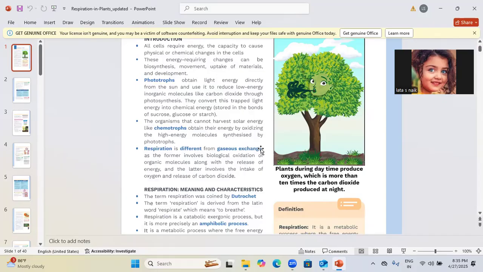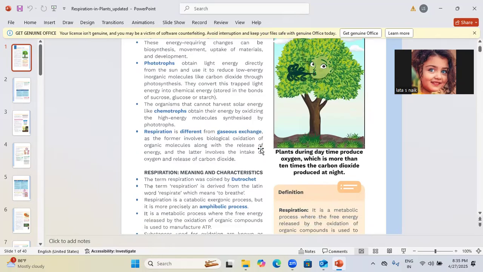So, is it only a gaseous exchange or do the plants respire? So, we'll differentiate now between this. What is gaseous exchange and respiration? The former, that is respiration, involves biological oxidation of organic molecules along with the release of energy, whereas gaseous exchange involves the intake of oxygen and release of carbon dioxide.